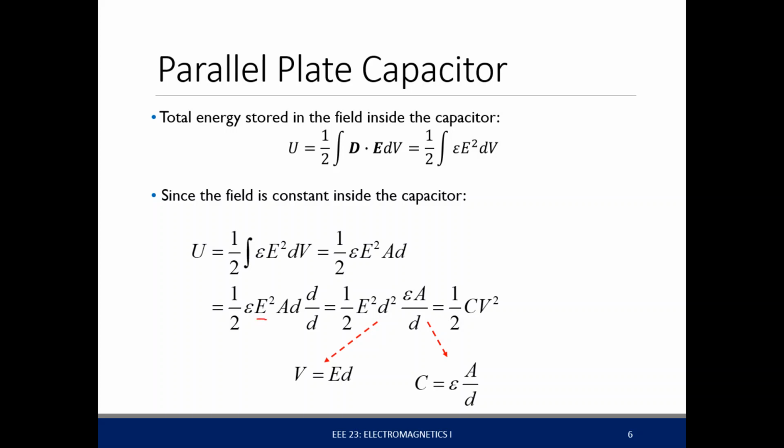We have E squared times d squared, this one, and we have epsilon A over d, which is this one. So this is the capacitance, and this is the voltage squared. So the total energy stored in the capacitor is actually 1/2 capacitance times the voltage squared.